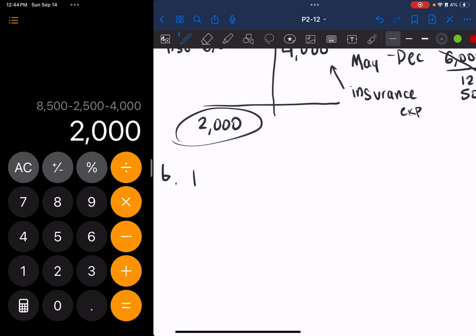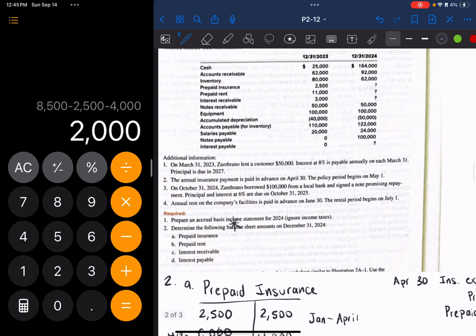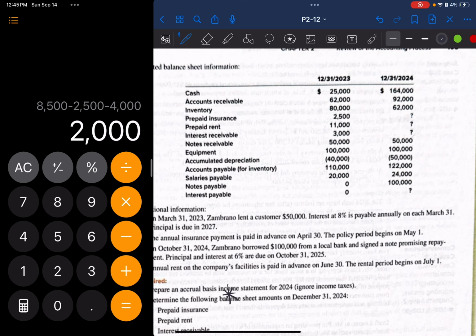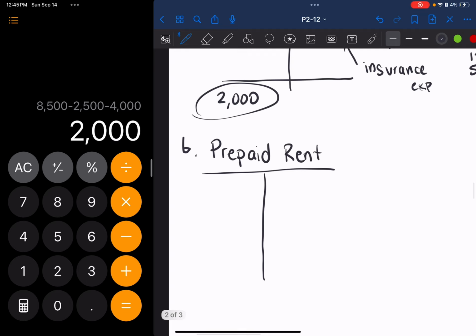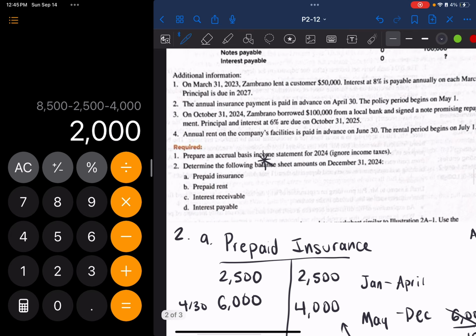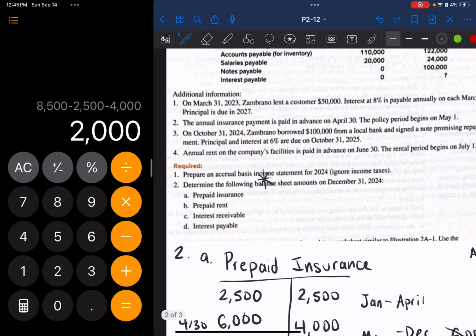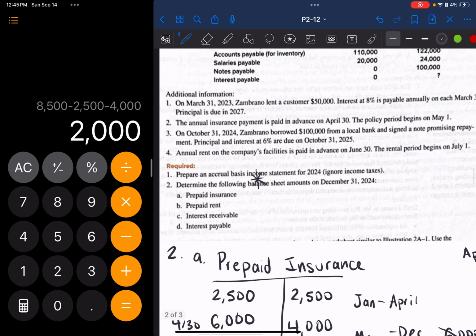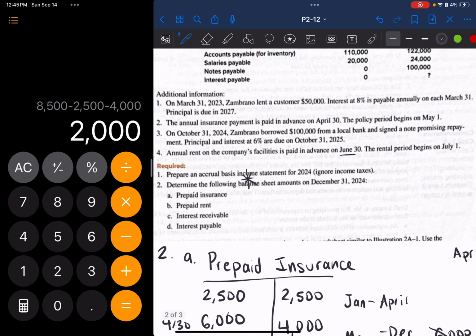Part B is going to be prepaid rent. So if we go up here, we're given that prepaid rent is 11,000 as the beginning balance. So basically, I used the same thought process as I did in part A, where they don't make the prepaid rent payment until June 30th.